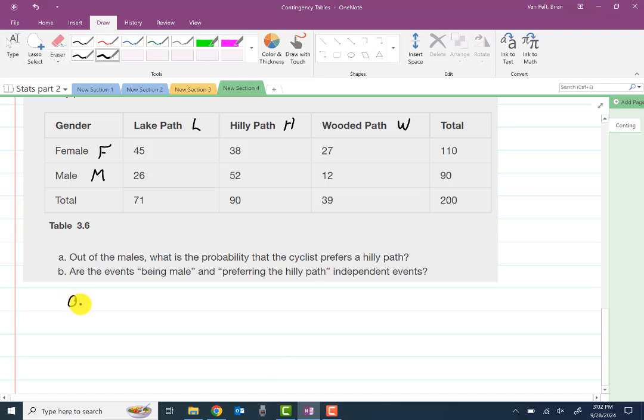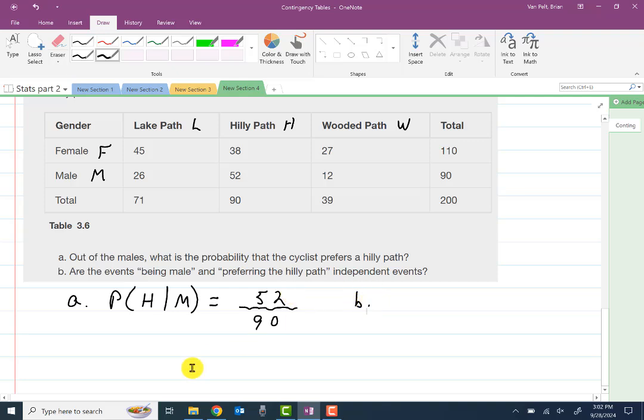So what's the probability that the person prefers a hilly path given that they're male? Let's take a look at the male row. That would be a total of 90. And how many of those males wanted a hilly path? 52 of them.